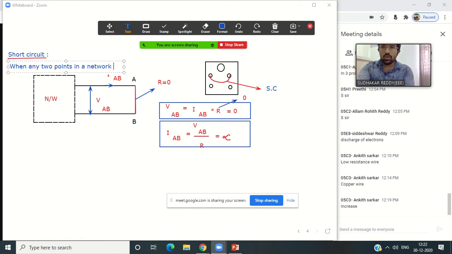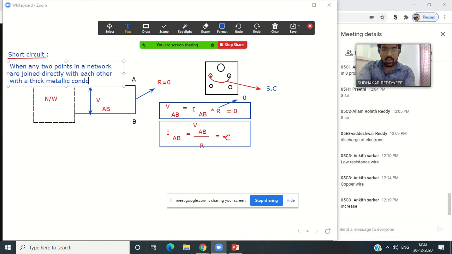When any 2 points in a network are joined directly with each other with a thick metallic conducting wire, preferably metallic.